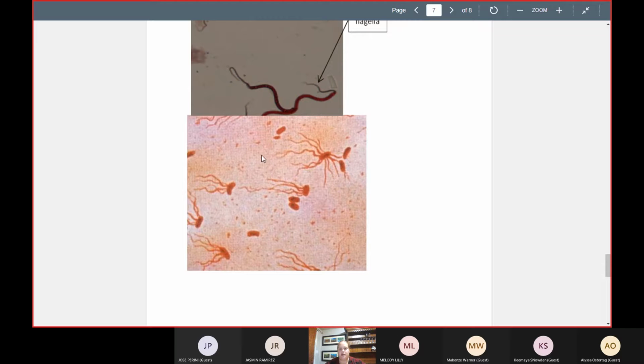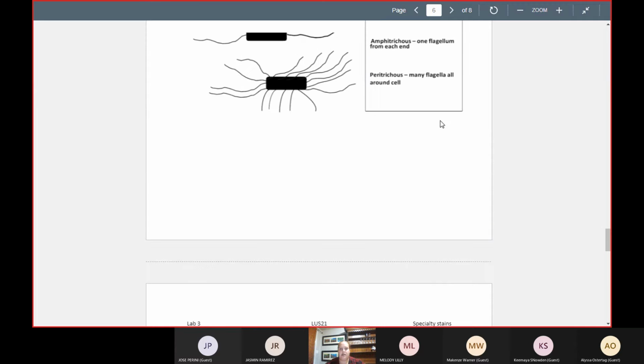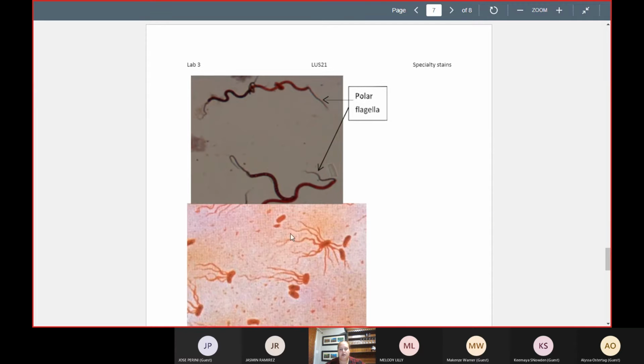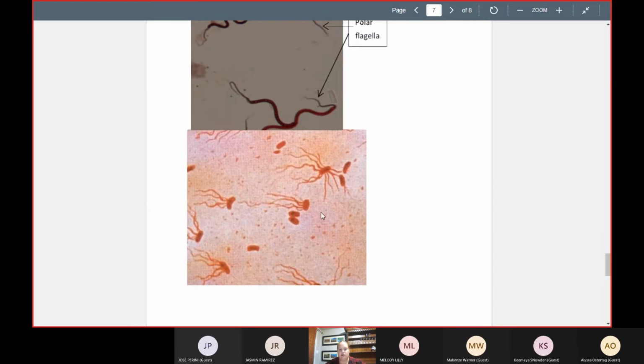They'll just choose at random a direction, and if it's colder, they'll stop, and if it's hotter or warmer, they'll keep going until it gets colder, and then they'll stop and turn directions again. So this is actually a peritrichous cell, so there's flagella all around it, but once it starts moving in one direction, all of those flagella are flowing with the water, so it looks like they kind of gather on one side of the cell.